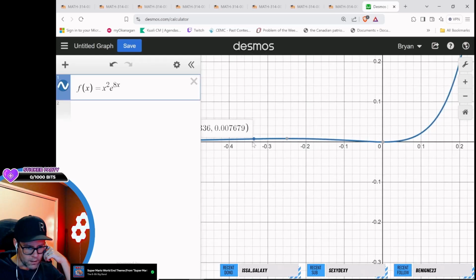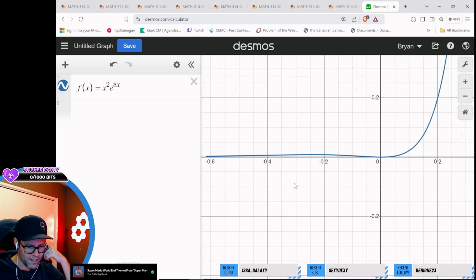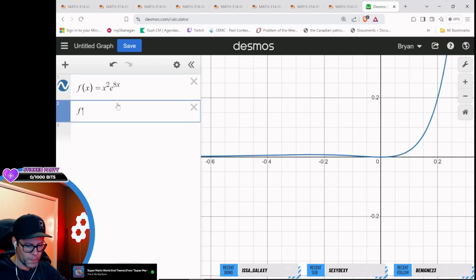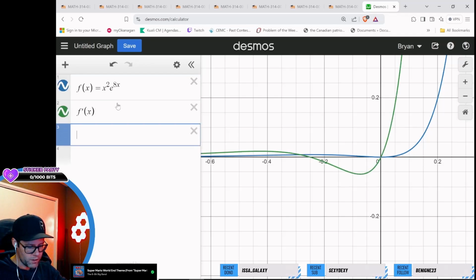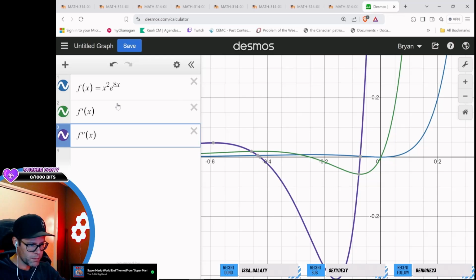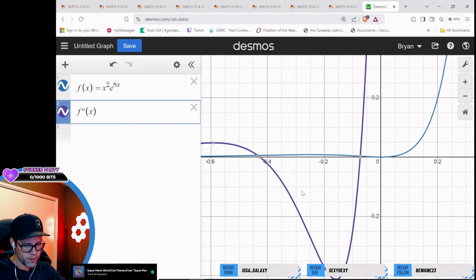Okay, interesting. Oh, okay. That's cool. So there's a secondary inflection point over here somewhere. Okay, there's our first derivative, which you don't care about in this particular context, but we also do need our second derivative. So here's our second derivative.